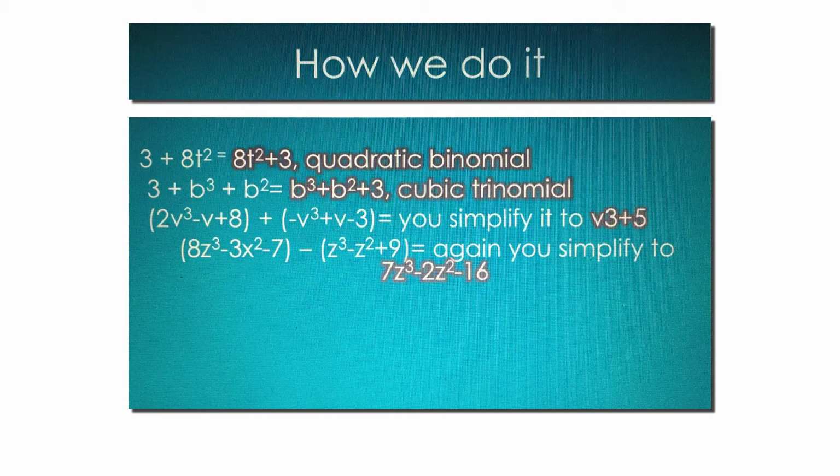And for the other two, which were a little bit of a challenge, you have to simplify it to v cubed plus 5. And the last one, you simplify it to 7c cubed minus 2x squared minus 16.